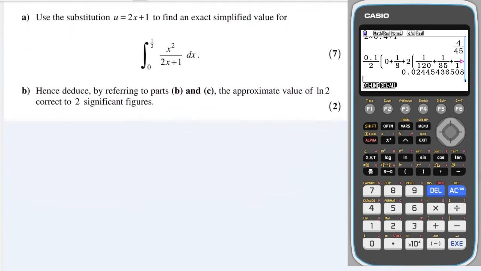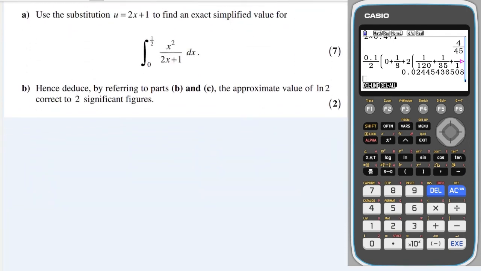Okay, and now we need to just do this integral without using the trapezium rule, using substitution. So I'm told that u is equal to 2x plus 1. So differentiate this gives me du by dx is equal to 2, which means that dx is equal to du over 2.